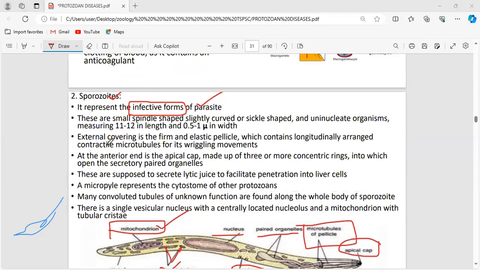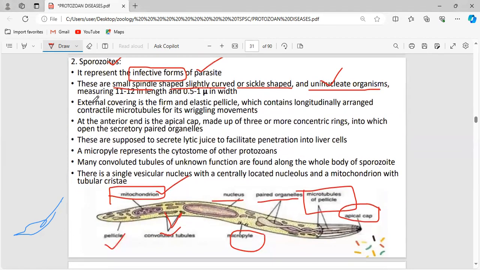Now this sporozoite is a spindle-shaped, slightly curved or sickle-shaped uninucleate organism. It has one nucleus, and the length is not very important. The external covering is a thin elastic pellicle, which contains longitudinally arranged contractile microtubules. Microtubules are always associated with motility.